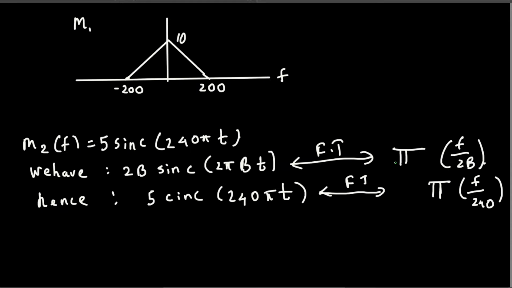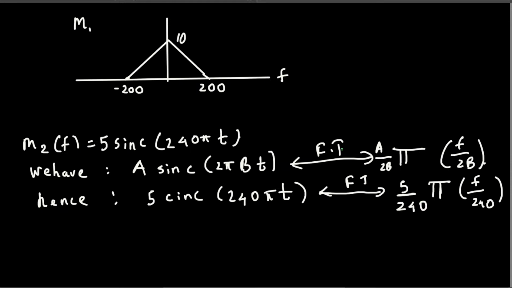And for this one, the amplitude is basically whatever we have here, so put it in the equation: 5 over 2B, that is 5 over 240.